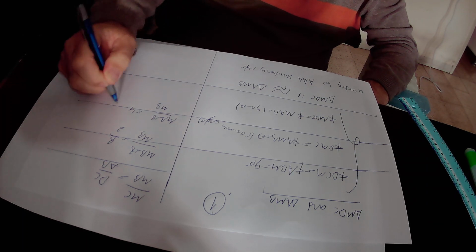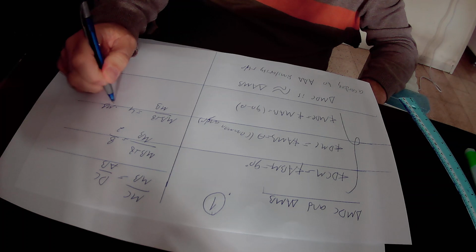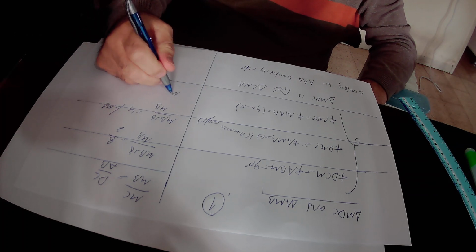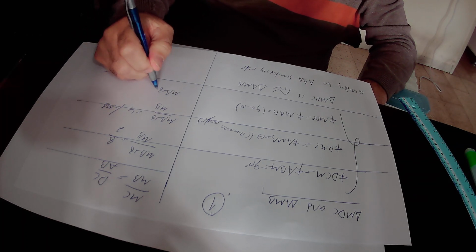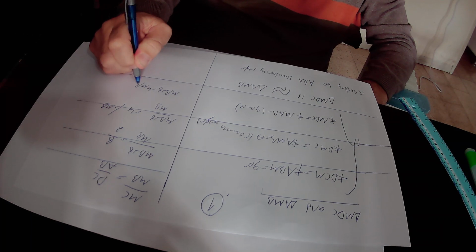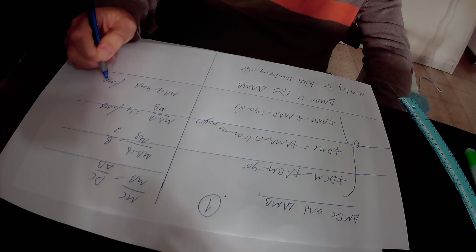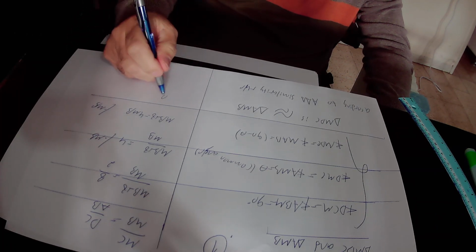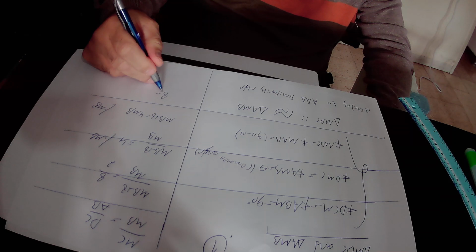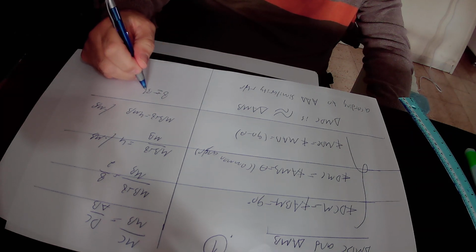We multiply this equation by MB and we get that MB plus 8 equals 4MB. We subtract MB from this equation and we get that 8 equals 3MB.